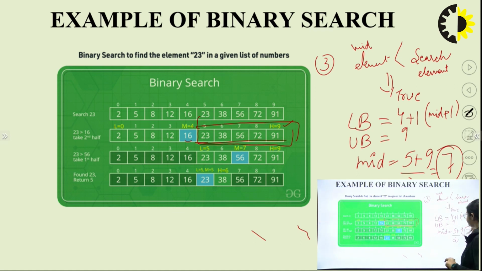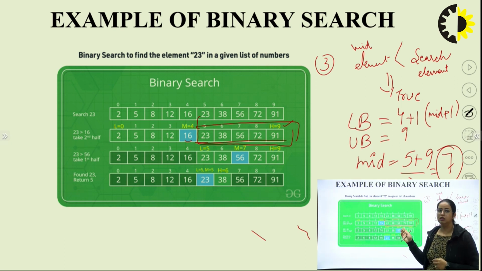Like this we are doing the binary search. In binary search, first we find the mid element with the help of the lower bound and upper bound. After that, we check whether the element is equal to the mid element, greater than the mid element, or smaller than the mid element. If the element is equal to the mid element, then we can say this element is found at this position. But if the element is not equal to the mid element, then we check on one side.